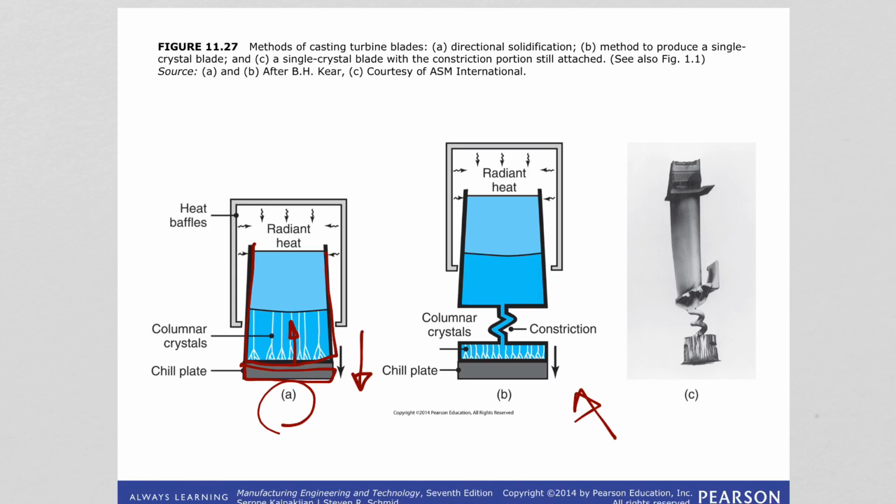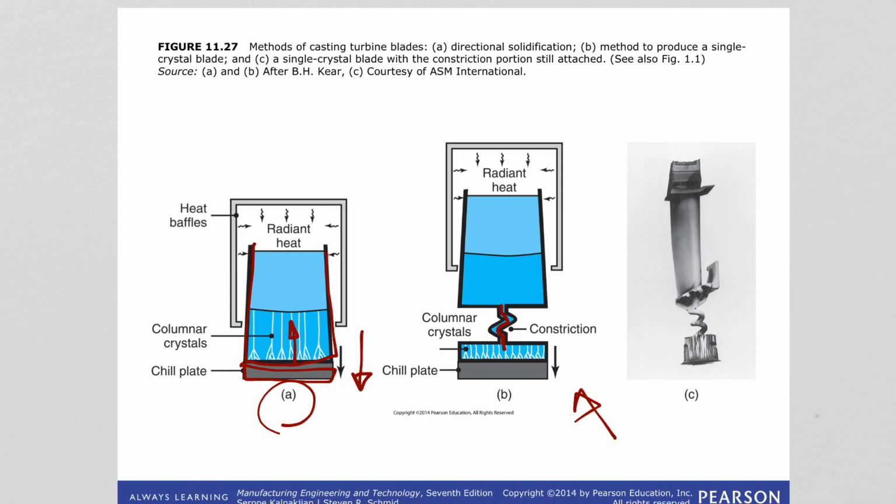It is the same way, but there is this helix in between the ceramic mold and the chill plate, which only favorable crystals will be able to go through.